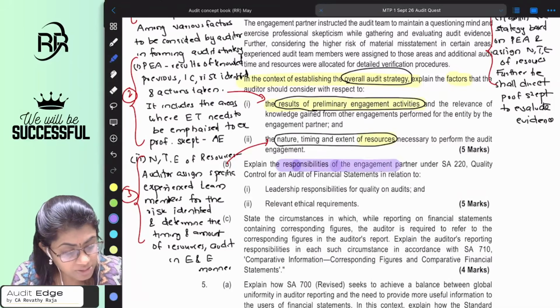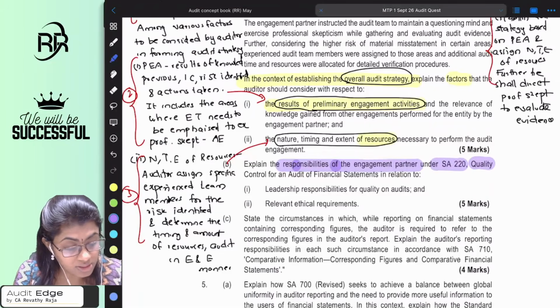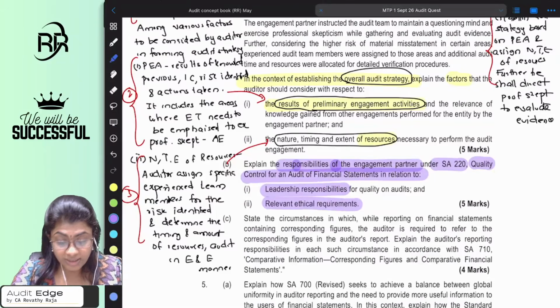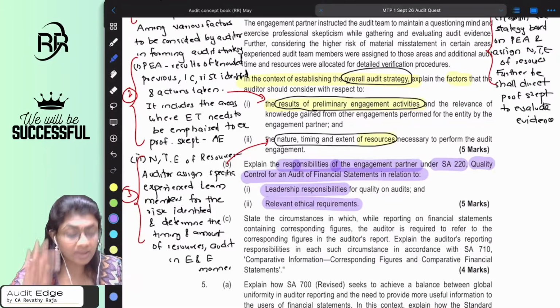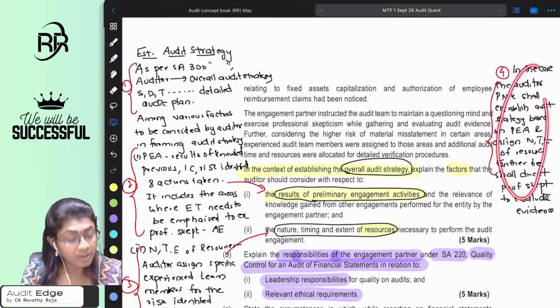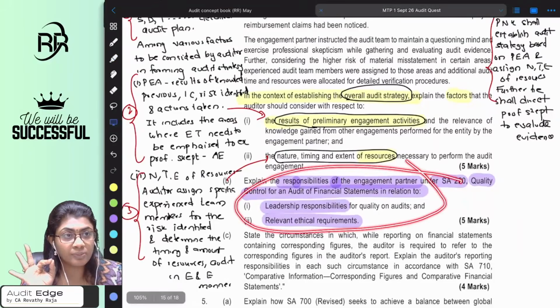Explain the responsibility of the engagement partner under SA 220 regarding quality control for an audit of FS with relation to leadership and relevant ethical requirements. See guys, here, as in other cases, no need of this particular para in the given case. Why? Because it is not a case study, it's a direct question.